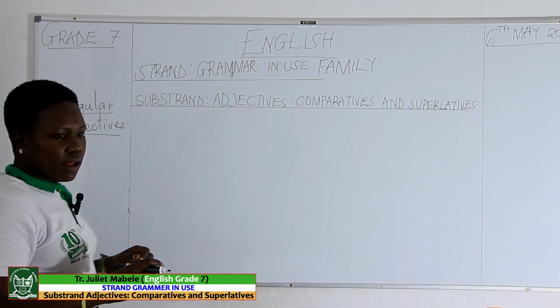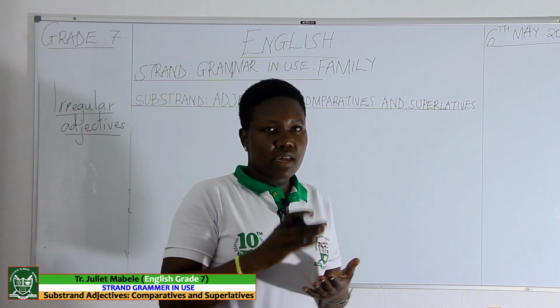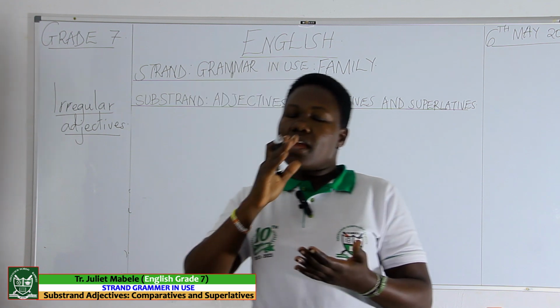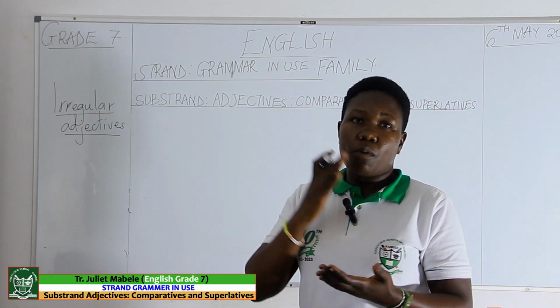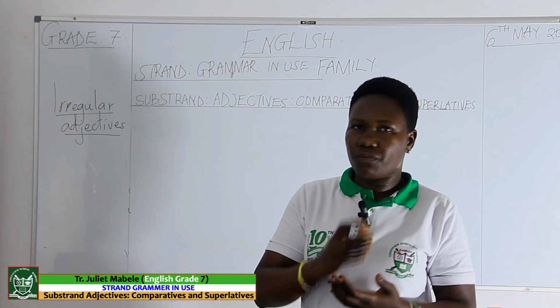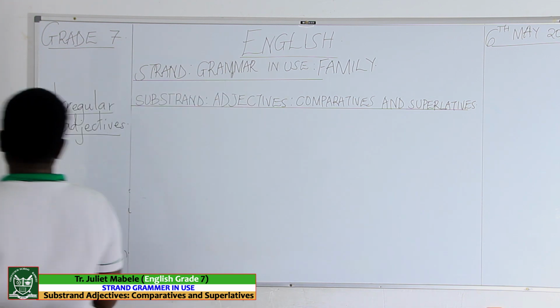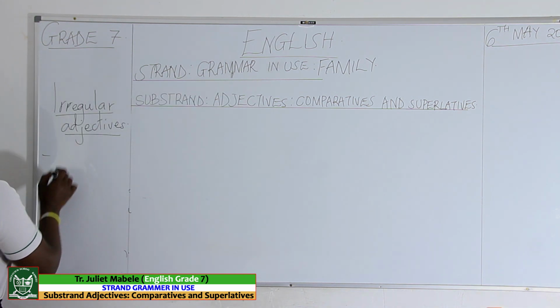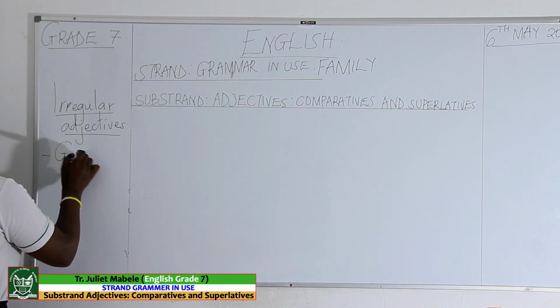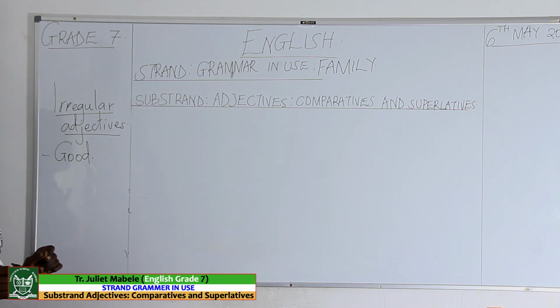We said that, for you to identify the irregular adjectives, they change completely in their comparative and superlative forms. Let's use an example, the adjective good. The comparative form of good will be better.